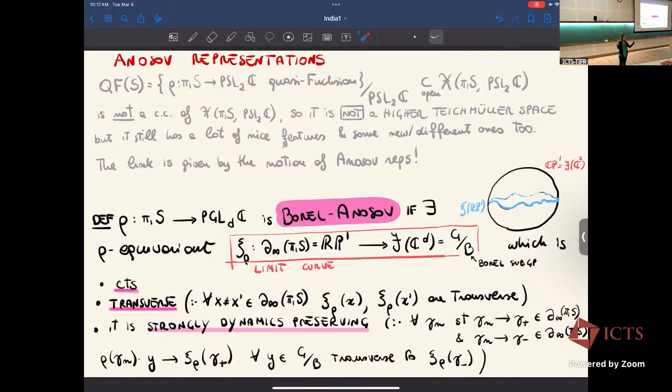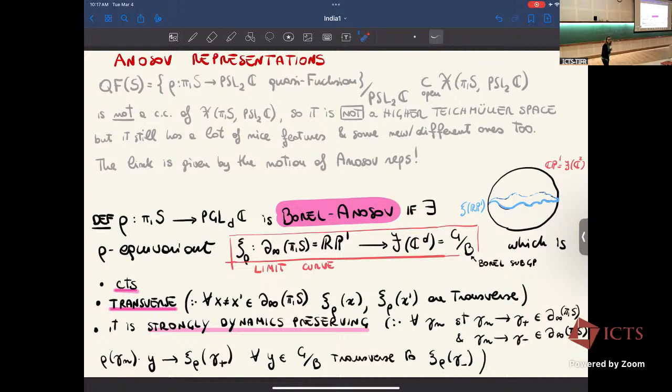So you have a lot of representations that are non-discrete. For quasi-Fuchsian representations, we care about their boundary that are still discrete, but if you move outside it is very wild territory. But for Anosov representations, we can focus on this nice component of nicely behaved representations.